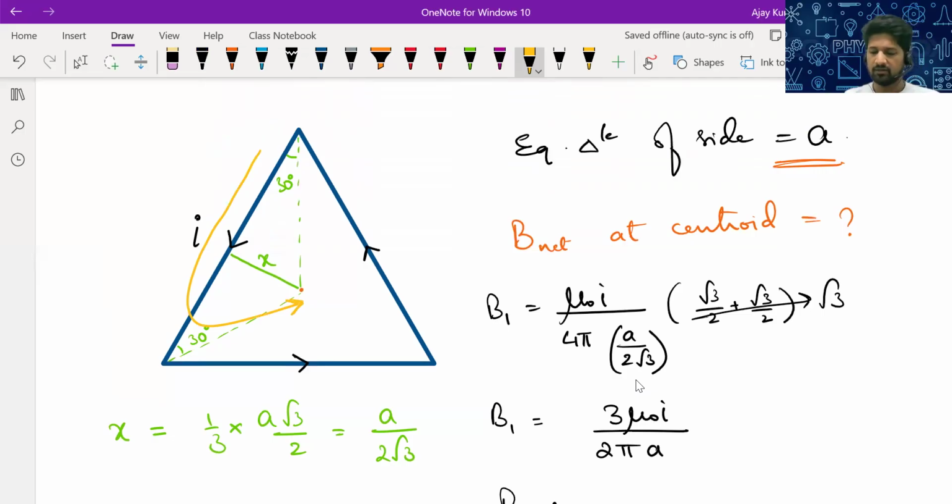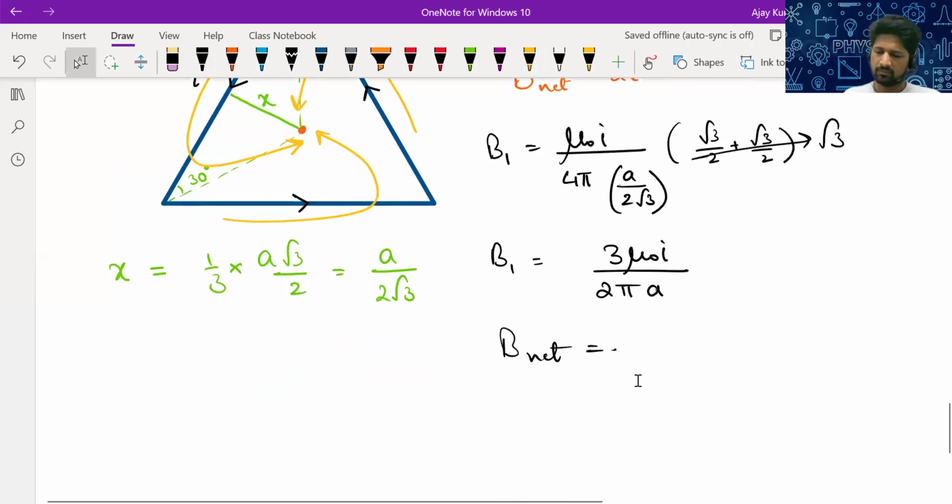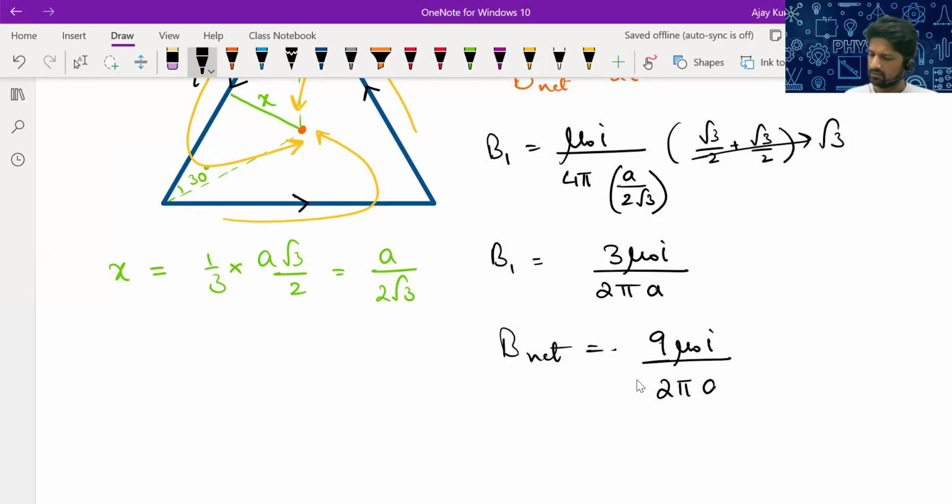At the point which we have marked at the centroid of the triangle, your fingers will be pointing out of the screen. So the magnetic field here is out of the screen. Other two wires also, I dl cross r, they all produce magnetic field in the same direction, out of the screen. So the net magnetic field will be 3 times this. So 9 mu naught I by 2 pi A.